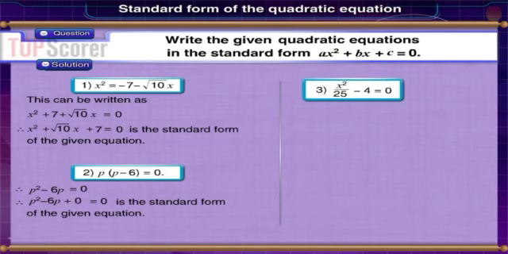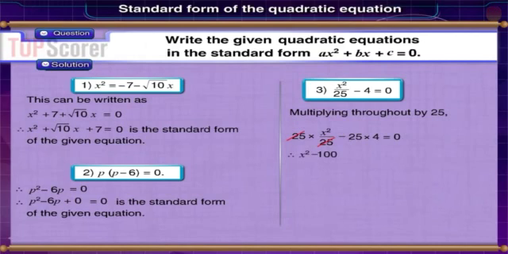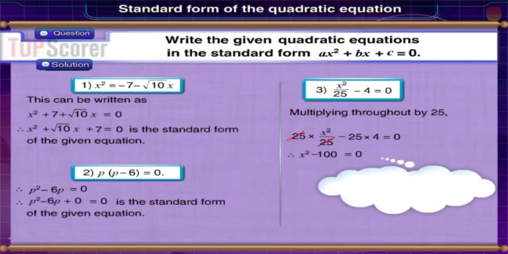The third equation is x square upon 25 minus 4 is equal to 0. To remove the denominator 25, we will multiply all the terms of the equation by 25. Therefore, the equation becomes x square minus 100 is equal to 0.